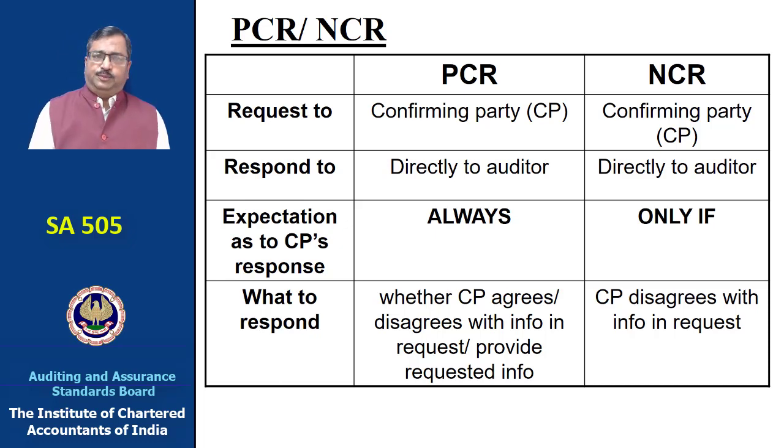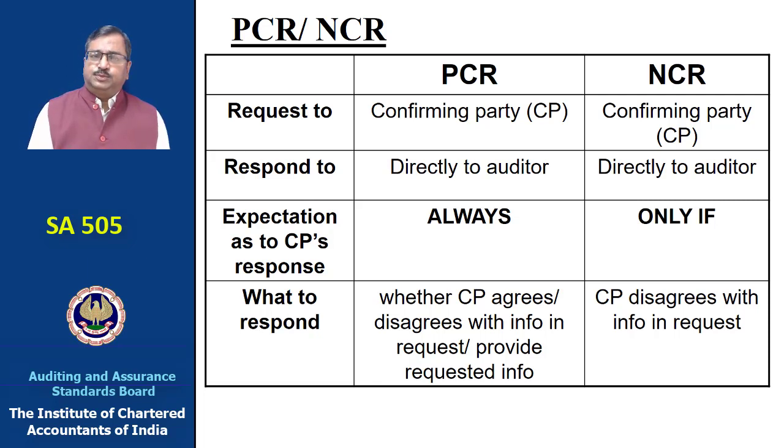In case of a positive confirmation request, the expectation is that he always sends a response to those requests, while in case of a negative confirmation request, only if there is a difference in the transactions does the confirming party have to write to the auditor.